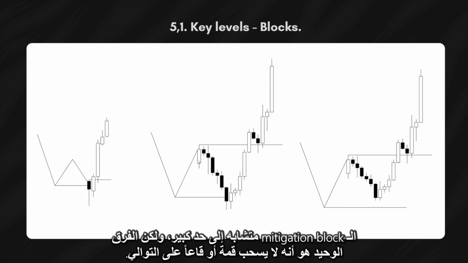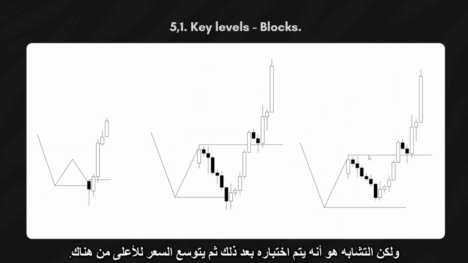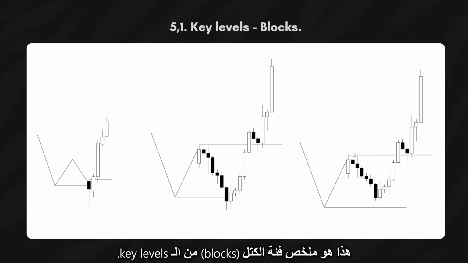A mitigation block is pretty much the same, but the only difference is that it doesn't take out a high or a low, respectively. But the similarity is that it then gets engulfed and then price tests it and then expands higher from there. This is the comprehension of the blocks category of key levels.